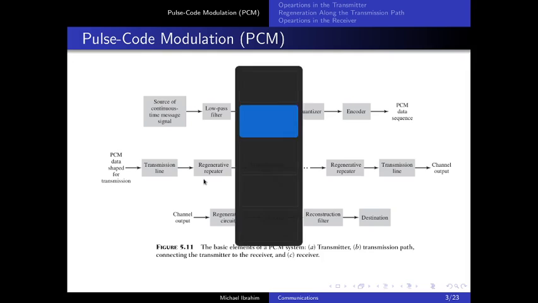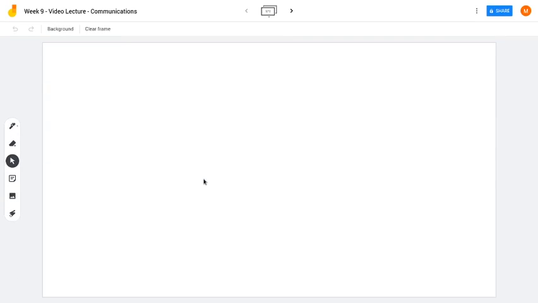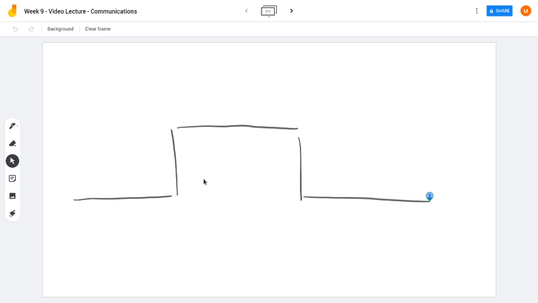And this basically can be understood as follows. If we have a message whose amplitudes are discrete, like this one, so the discreteness in amplitude simply means that we only have two amplitudes, let's say for the simplest case to transmit. And let's say we have 0 and we have 5 volts.